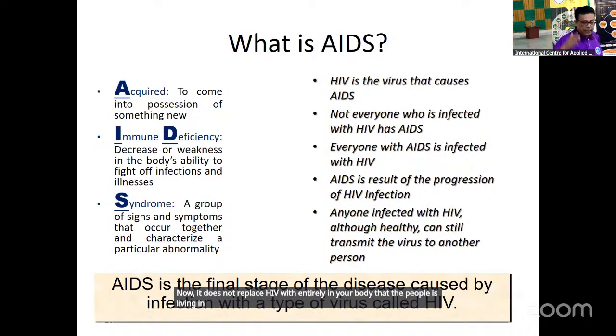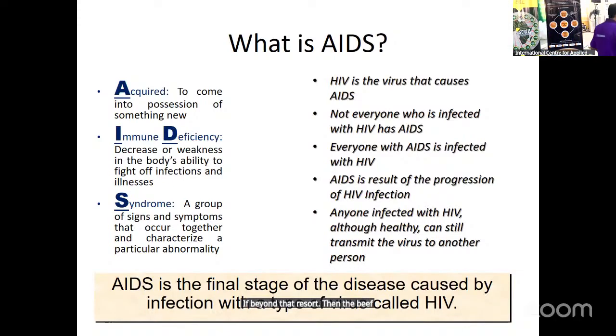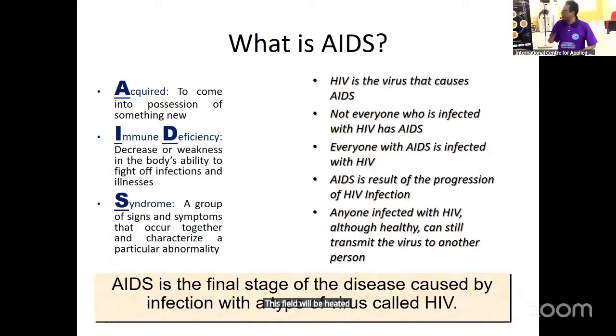No, it has a name, it has a threshold. Beyond that threshold, when the HIV count is beyond that threshold, then the person will be treated as an AIDS patient.